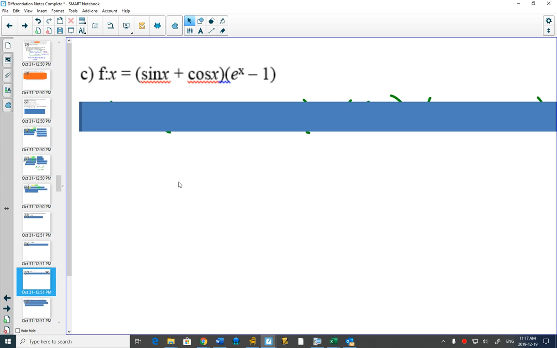This is good to test your memory if you've remembered these. Again, it is recommended that you memorize all of these.